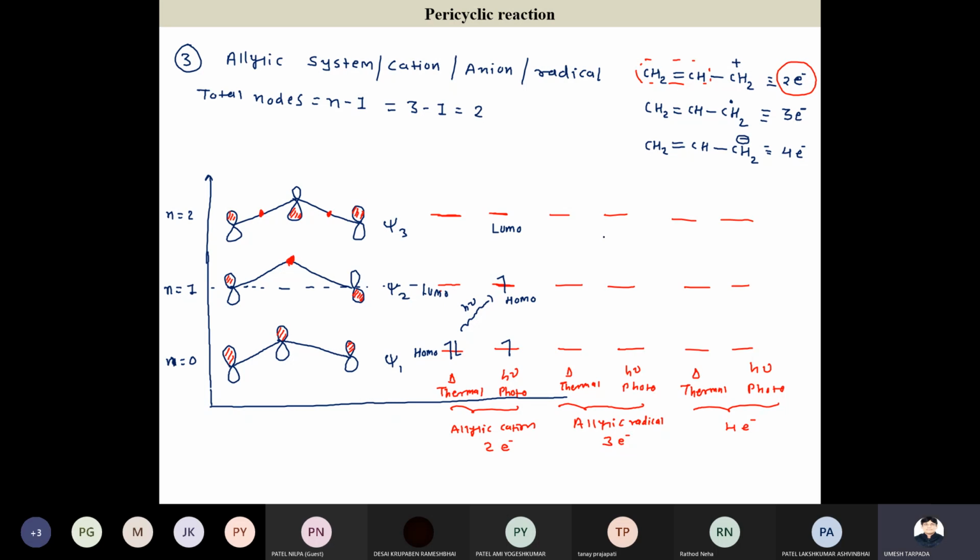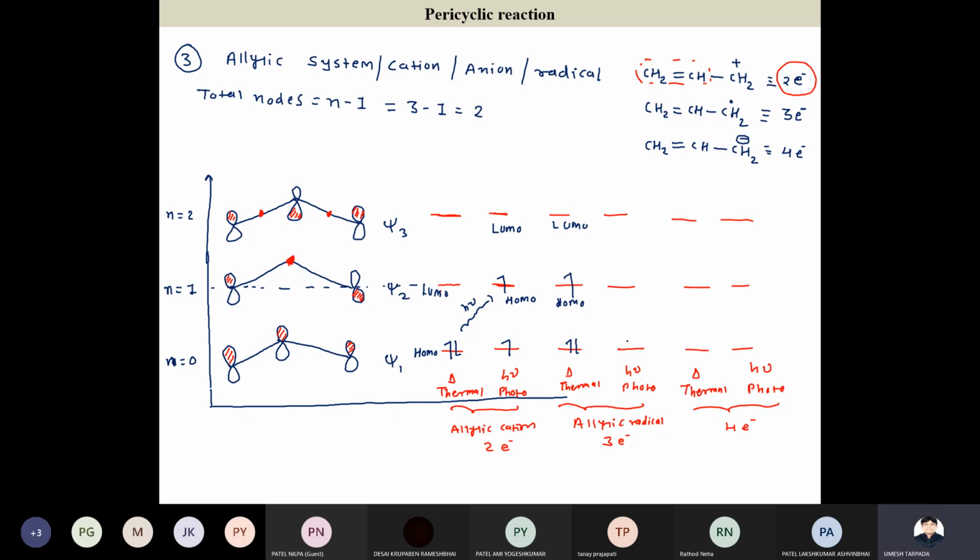In the case of anion, what happens? In the case of radical, there are 3 electrons. What happens? 2 in this level and 1 electron is in this level. So this becomes HOMO and this becomes LUMO.